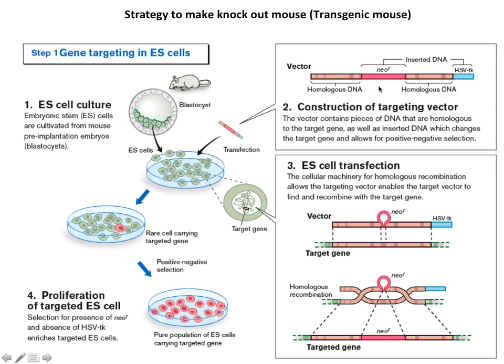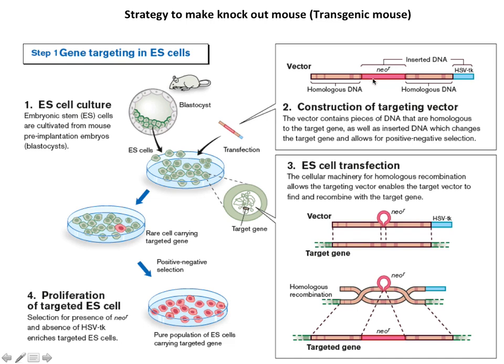At the same time, you can make a construct which can target a particular gene in the mouse embryonic cell line. Here you can see the construct or cassette which contains the neomycin transferase gene.